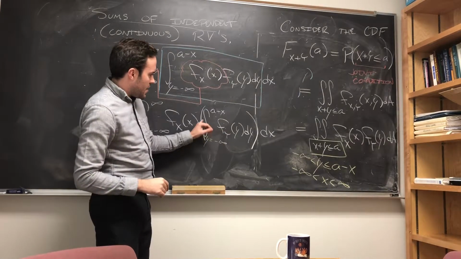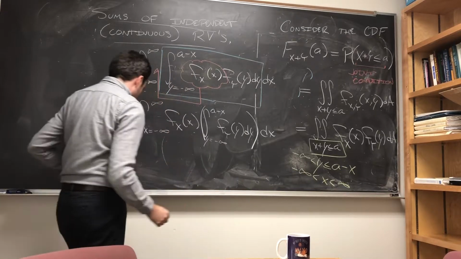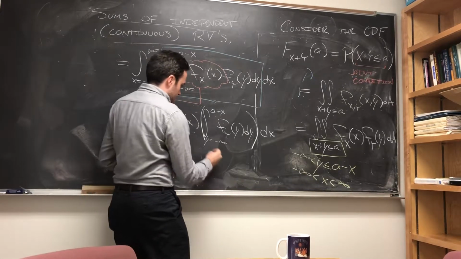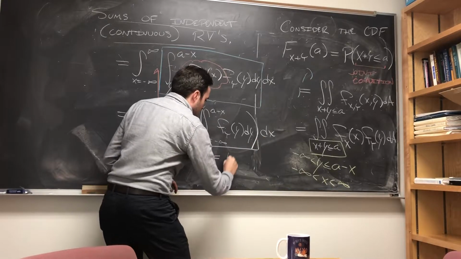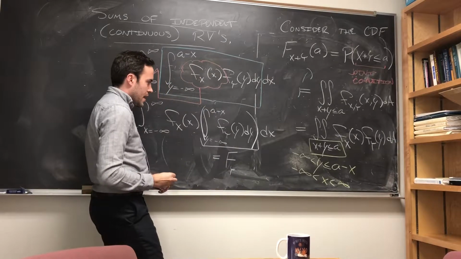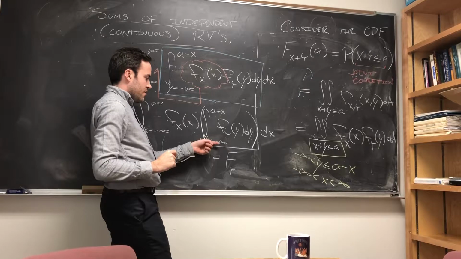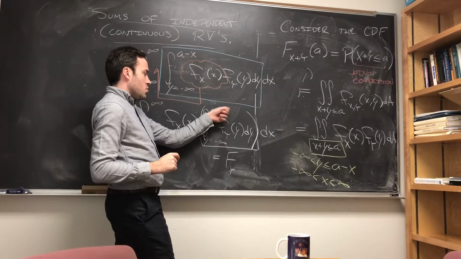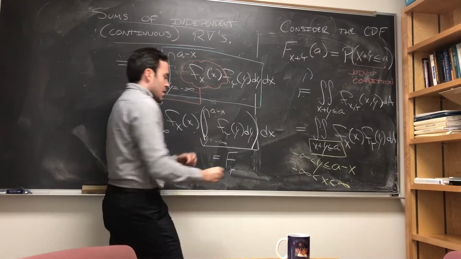Because now, this thing in the parentheses in here, well, we know what this is. It's got a name, right? This thing is the CDF, capital F sub y, evaluated, right? The CDF for y is going to be the integral from y is negative infinity up to whatever this upper bound is. So that's going to be where we evaluate our CDF.